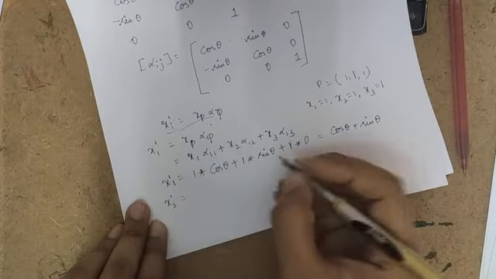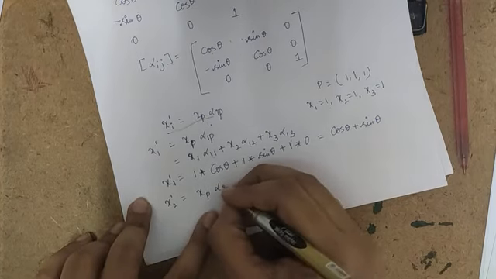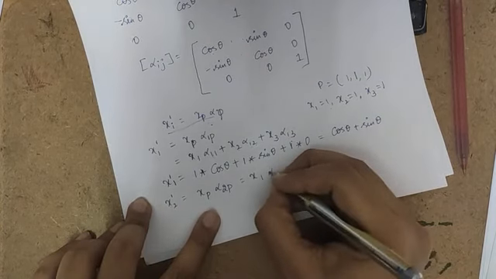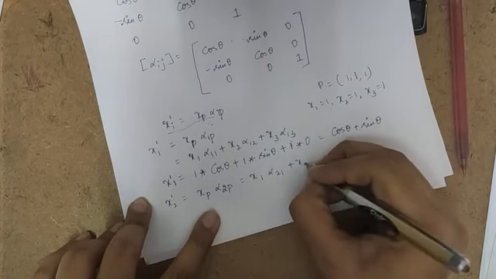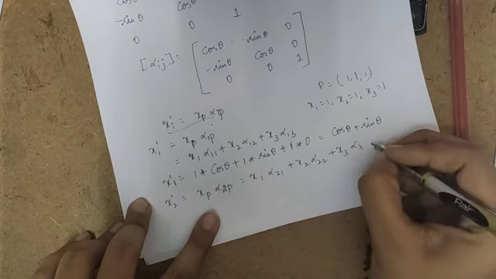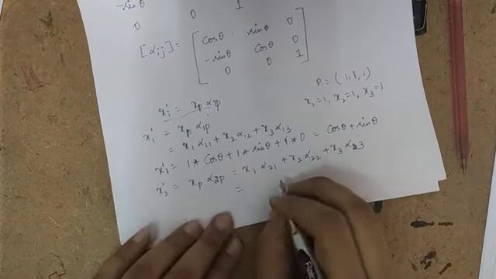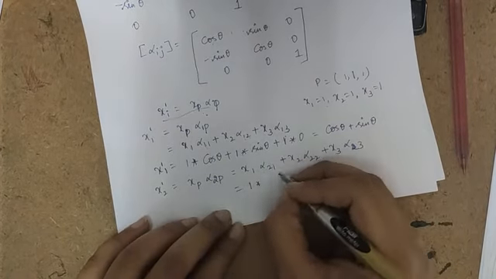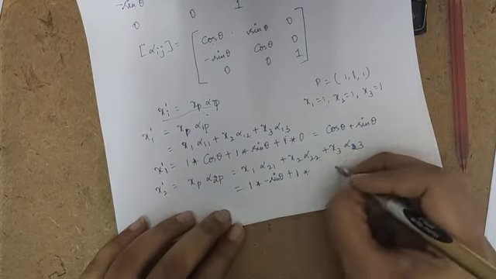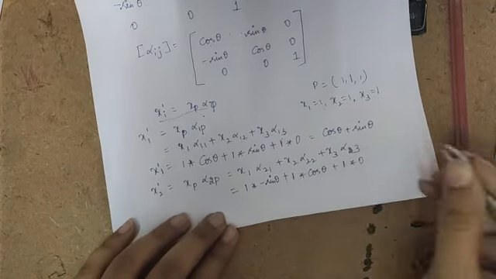Similarly, x2 prime is equal to xp alpha 2p. So if we substitute values, we get x1 alpha 21 plus x2 alpha 22 plus x3 alpha 23. Correct? Substituting values: x1 is 1, alpha 21 is minus sin theta, x2 is 1, alpha 22 is cos theta, x3 is 1, alpha 23 is 0.